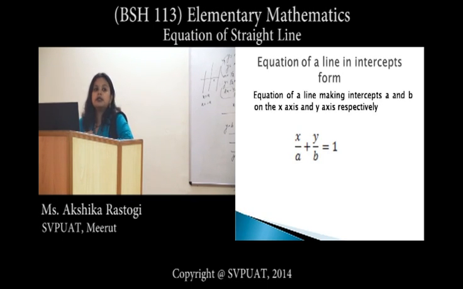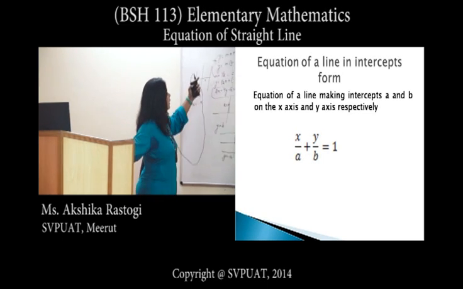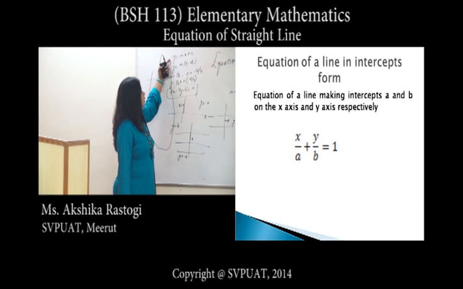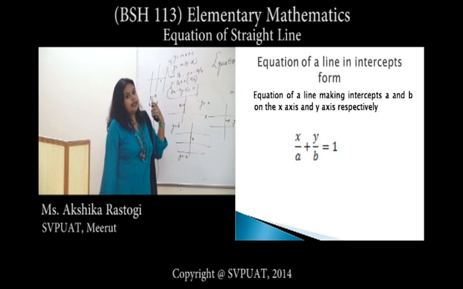If slope is given, then it can be intercepting on one of the axes, maybe on the x-axis and maybe on the y-axis. Things are different. If it is intercepting on a single axis, then we have two conditions: it is intercepting on the y-axis or on the x-axis.